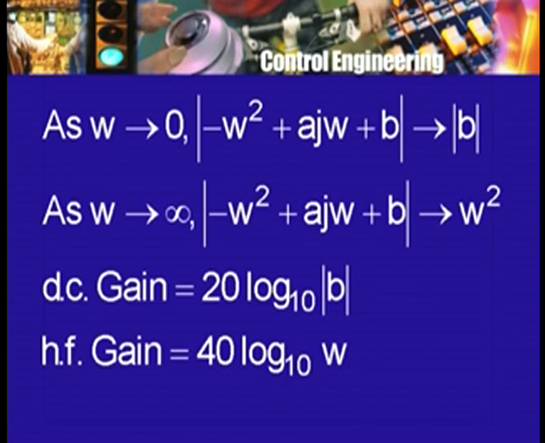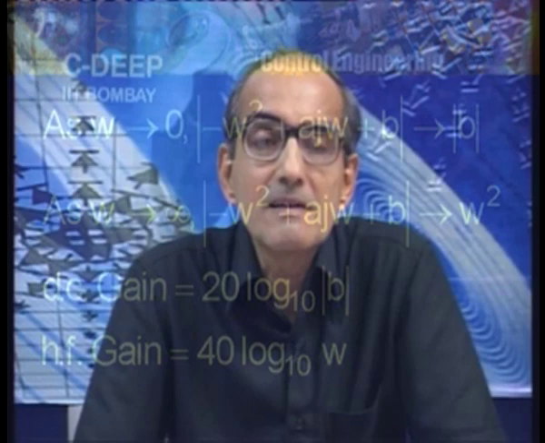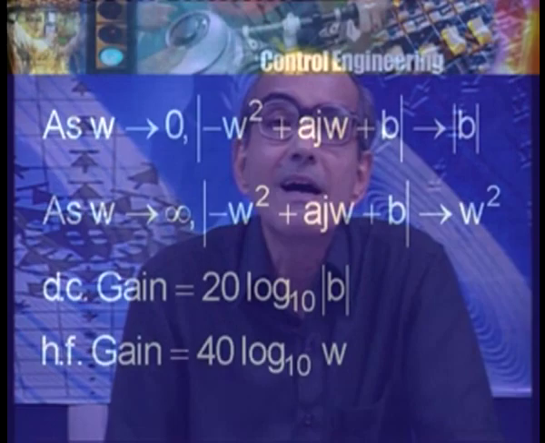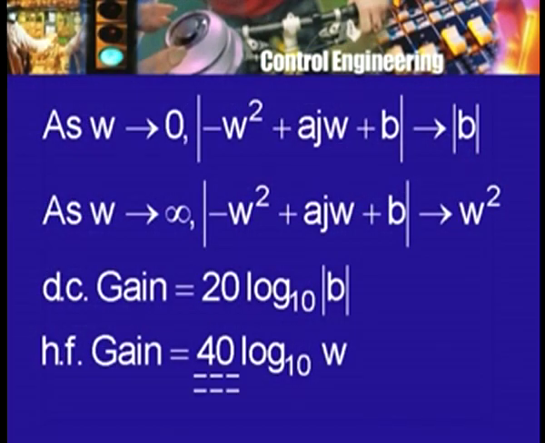That gives us an approximation which is 40 log to the base 10 of omega, and therefore, on the semi-logarithmic scale, that is, the omega axis marked logarithmically, we get a line with slope 40 dB per decade. The slope is positive if we have a pair of zeros, and the slope is negative if we have a pair of poles. So, the low frequency asymptote and the high frequency asymptote are quite simple.